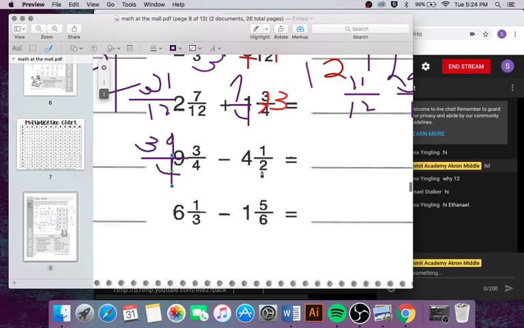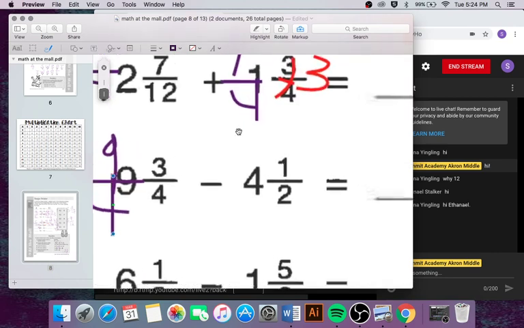Okay, over here we're going to do 2 times 4, which is 8, plus 1, which is 9.